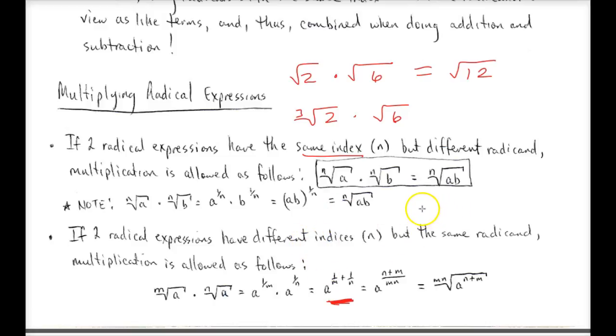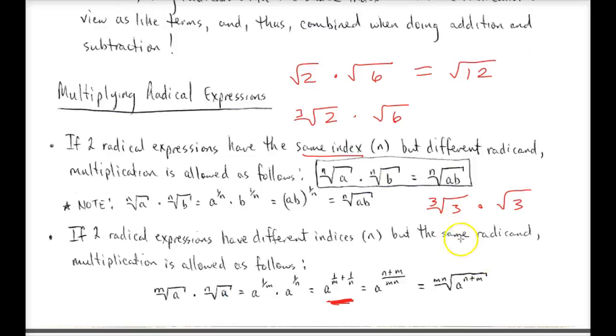To give you a basic example of what it means to have two radical expressions that have different indices but same radicand, let's say we have cube root of 3, and then we want to multiply that times, let's say, square root of 3.